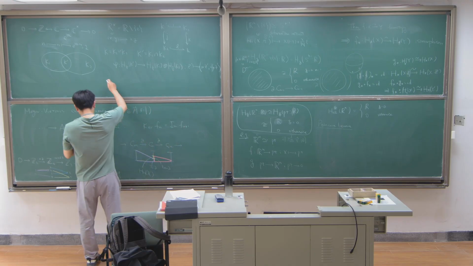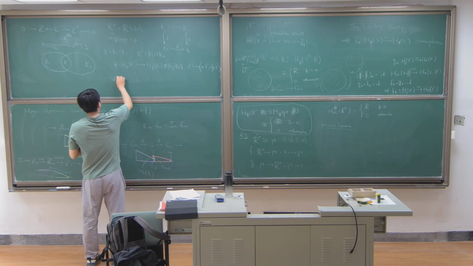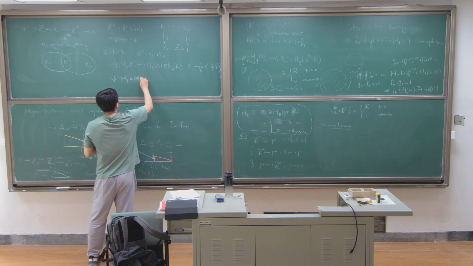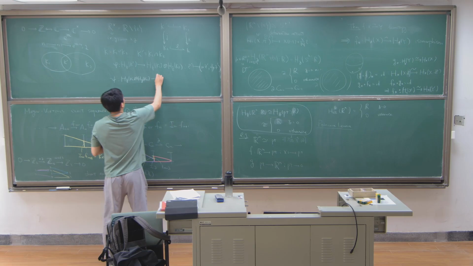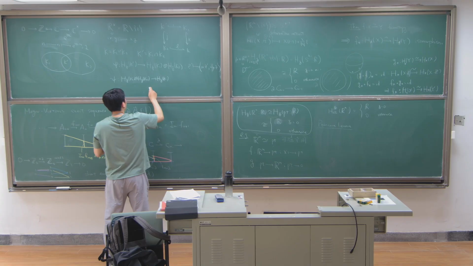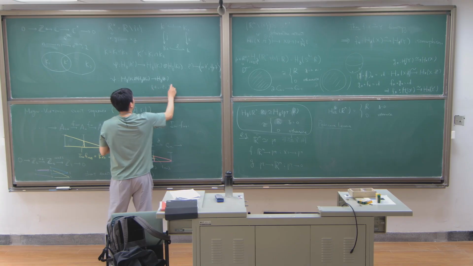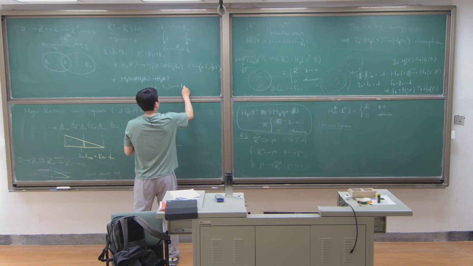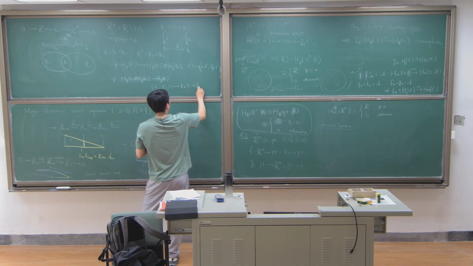The same thing, let's call it psi, is mapped to K star Z1 plus L star Z2.